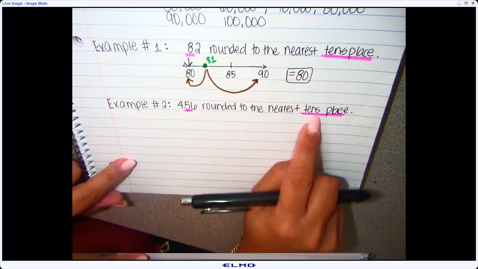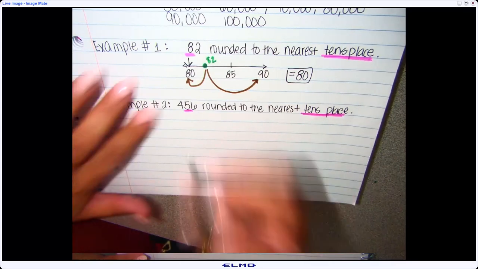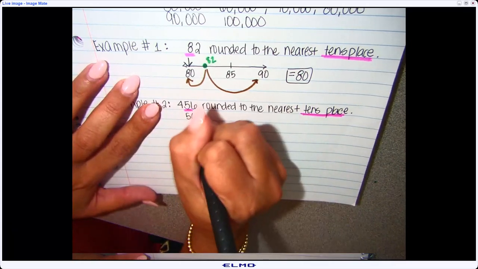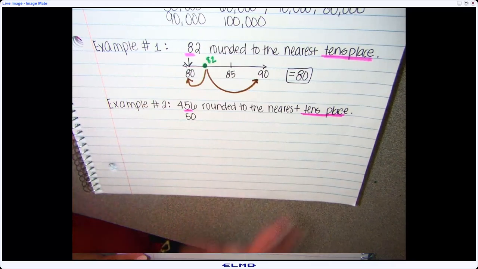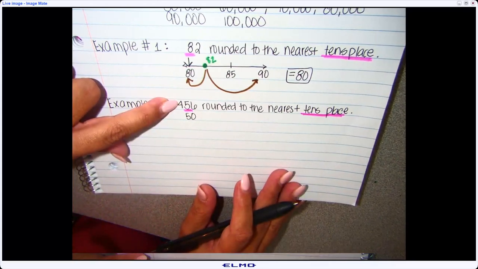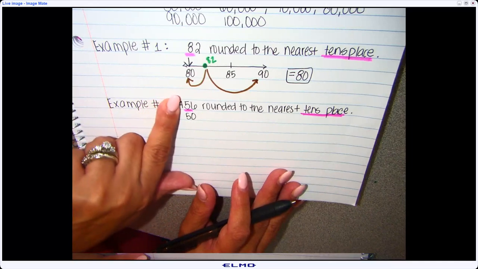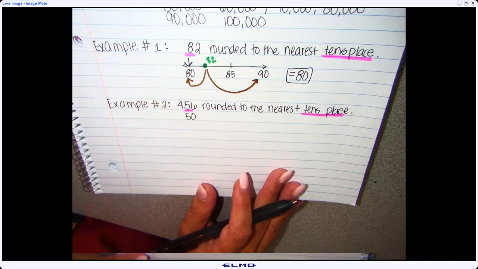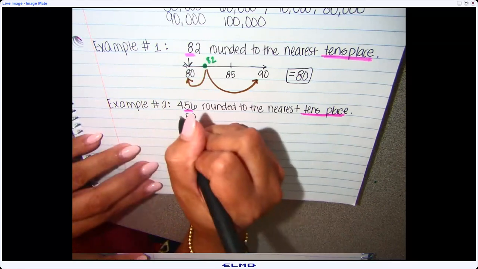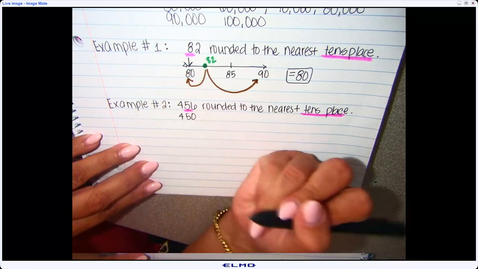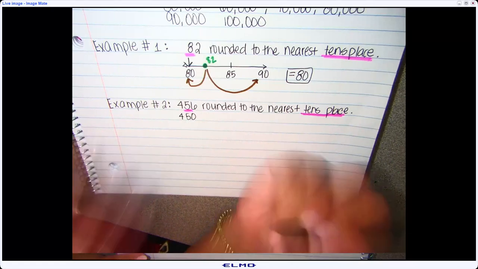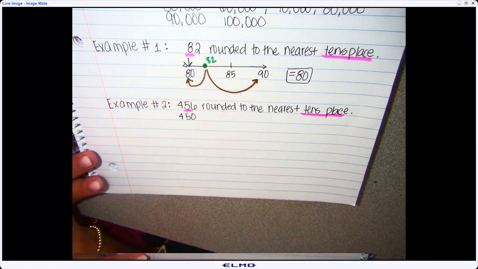Because I'm in the tens place, this actually stands for 50, yes? But I can't just ignore the other digits. That digit is there. So this 5 is part of a larger number. So this is 450.